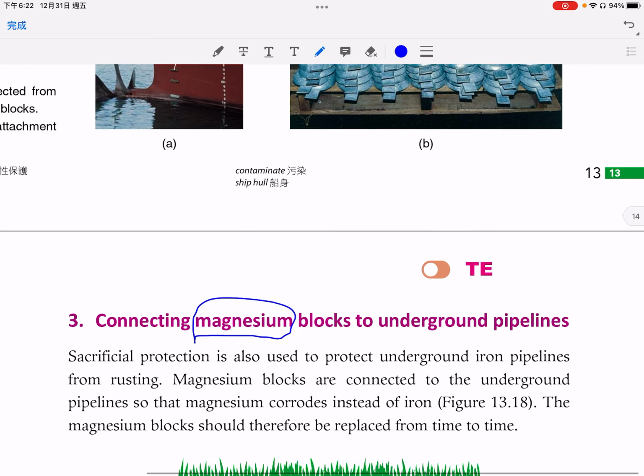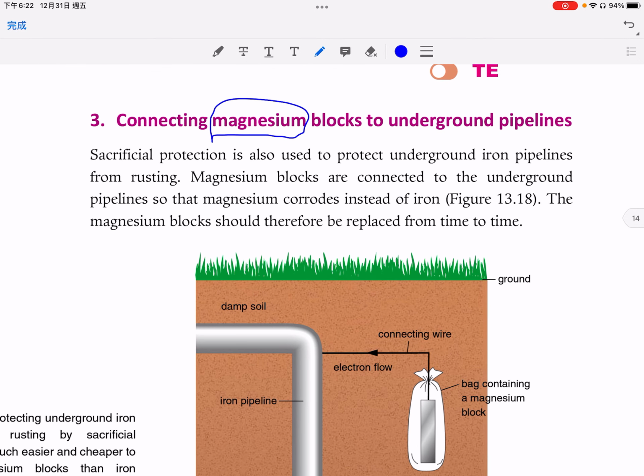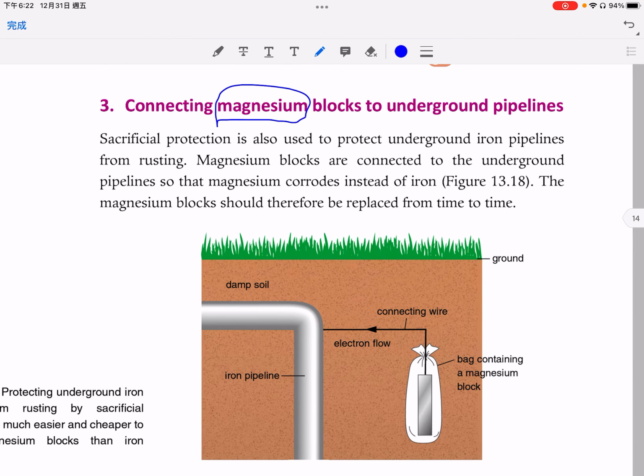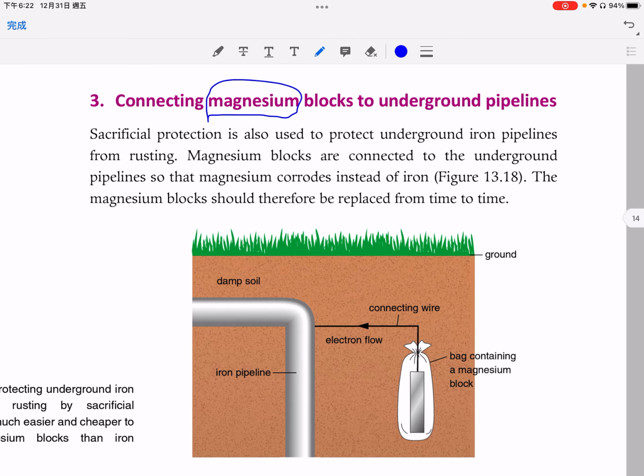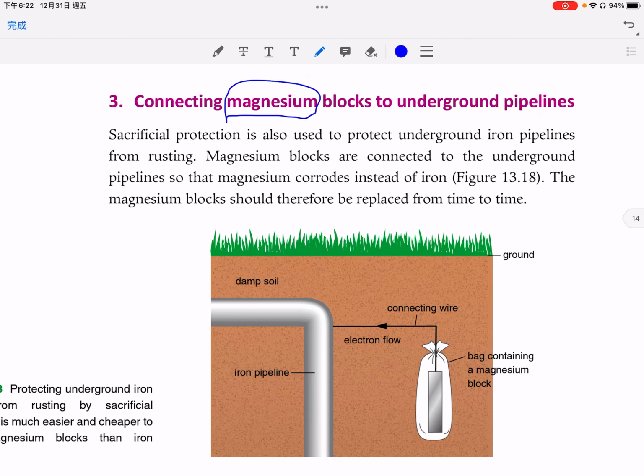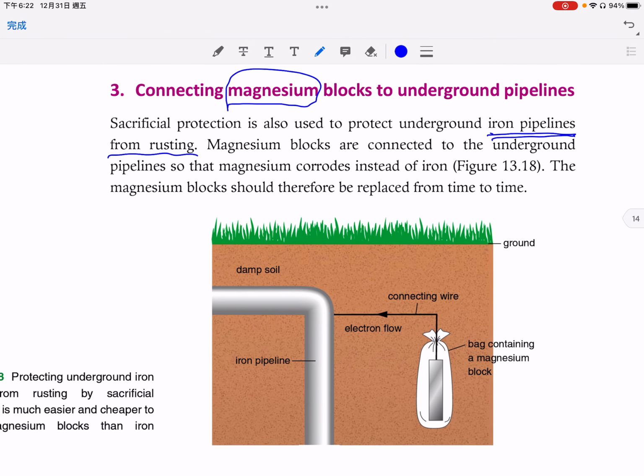Finally, let's talk about using a bag of magnesium to protect iron from rusting. Usually it is used in the protection of iron pipelines from rusting. The same idea applies.